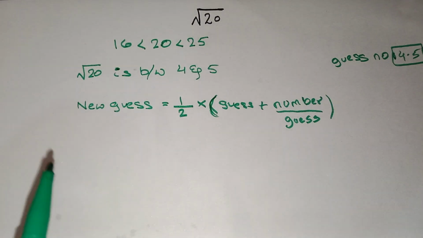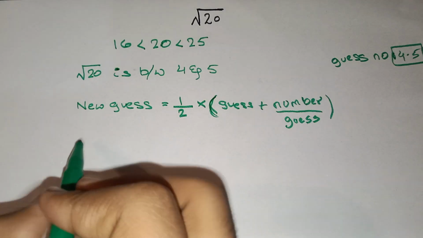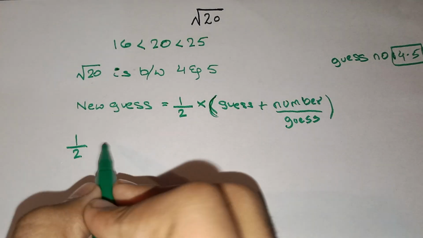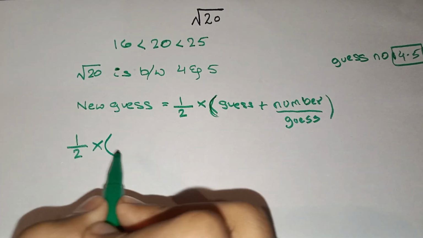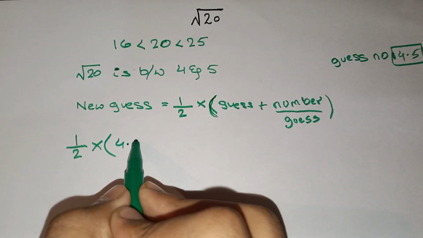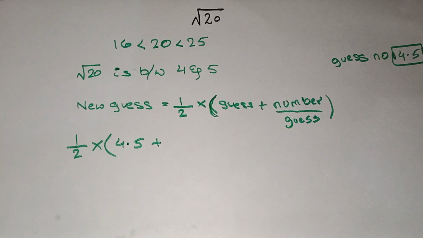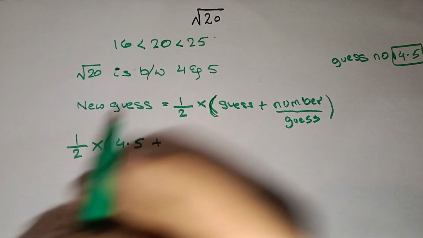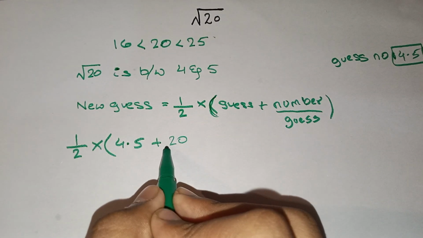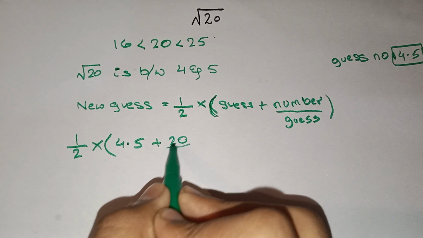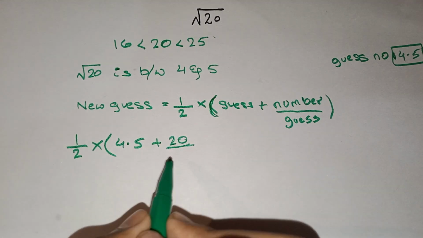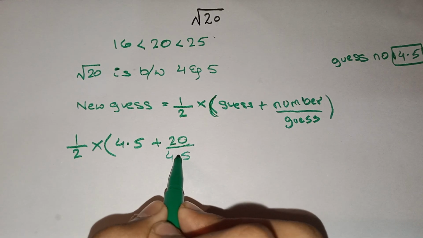New guess is equal to 1 upon 2, written as it is, multiplied by bracket guess, which is 4.5, plus the number, the square root number, which is 20, upon the guess number, which is 4.5, written again.